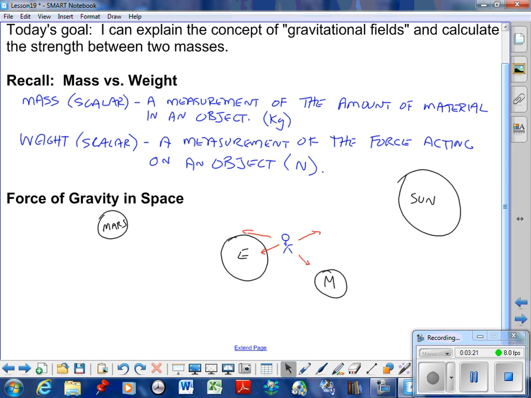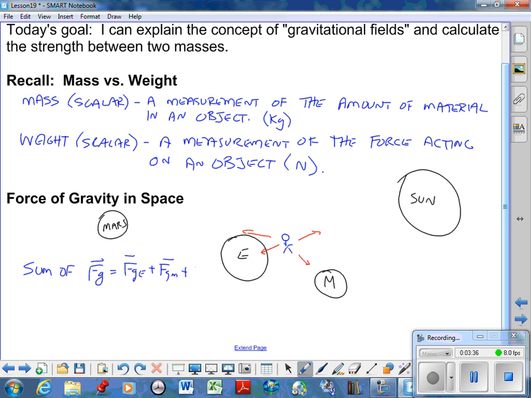So when you are out in space, the sum of force due to gravity is equal to Fg Earth plus Fg Moon plus Fg Sun plus etc., and they are approximately equal to zero. The sum of the forces is approaching zero.